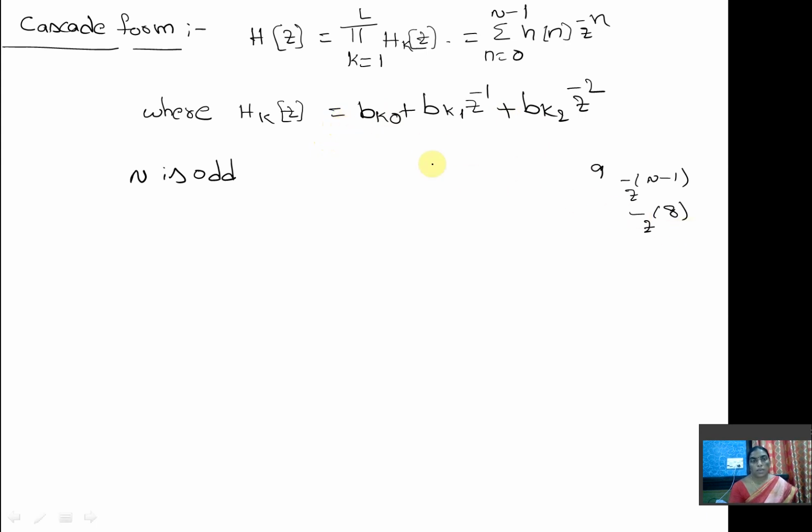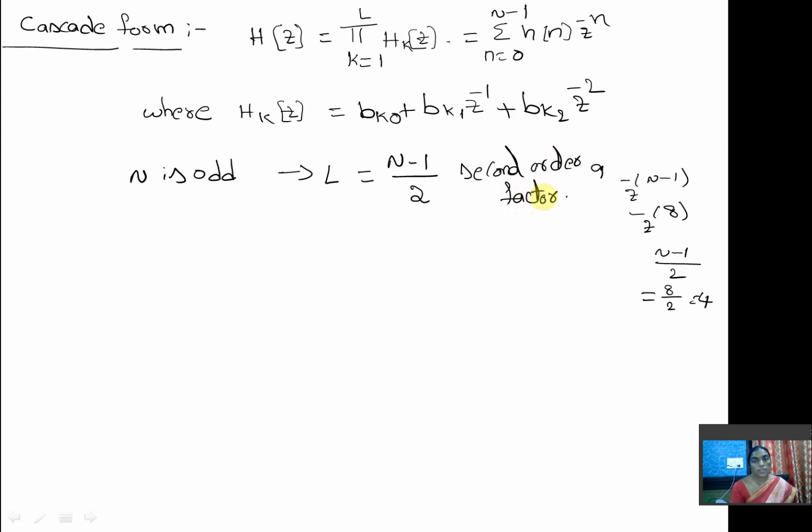So if N is odd, we can get L second order factors, that is nothing but N minus 1 by 2. In this example, 8 by 2, 4. N minus 1 by 2 second order factors.